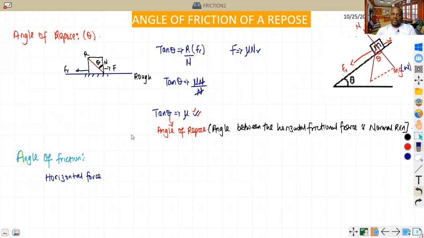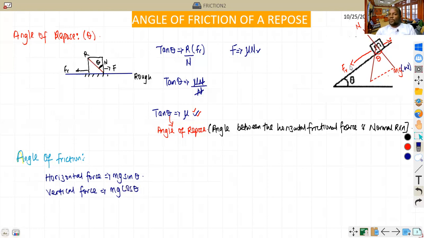Opposite, that is our mg sine theta. Then vertical force. These are always the way we resolve. The vertical force, which is the one acting in the direction of the weight, is mg cos theta.